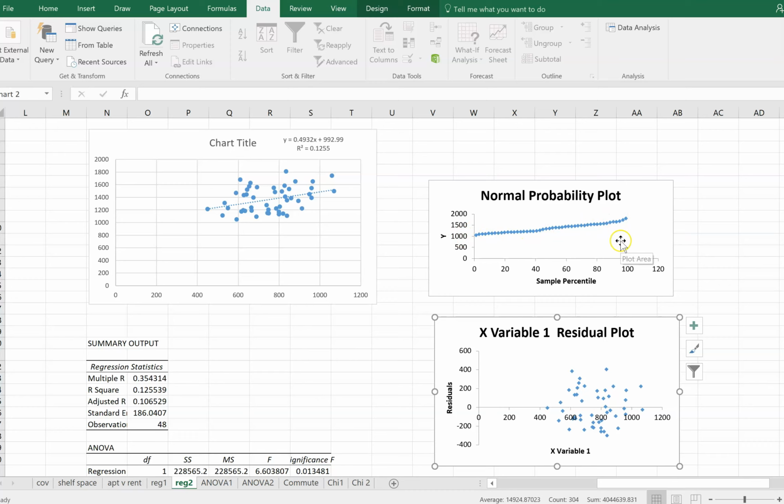I don't care if it's increasing or decreasing, but it looks like a line. If there's a major bend in this graph, then once again, two options: either I have what do they call it? Outliers. Lost a vocab word. Either I have outliers or I have a nonlinear part that I have to deal with. I don't have outliers. I don't have a nonlinear part. Everything looks pretty straight across. So my normality holds true.